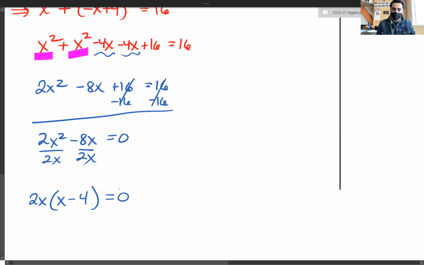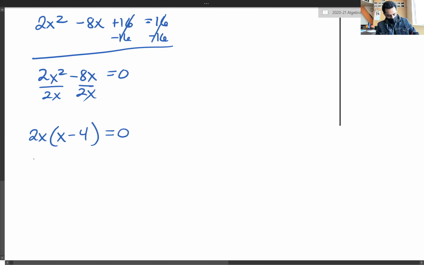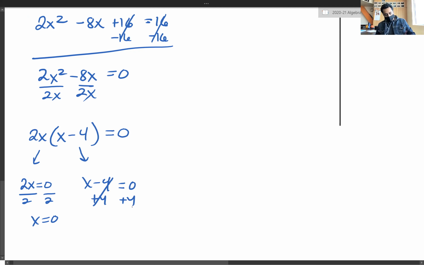So it looks like we might get two solutions. 2x is equal to 0, and x minus 4 is equal to 0. Solve for x: x equals 0. That's our first solution. Second solution, add 4, x equals 4.